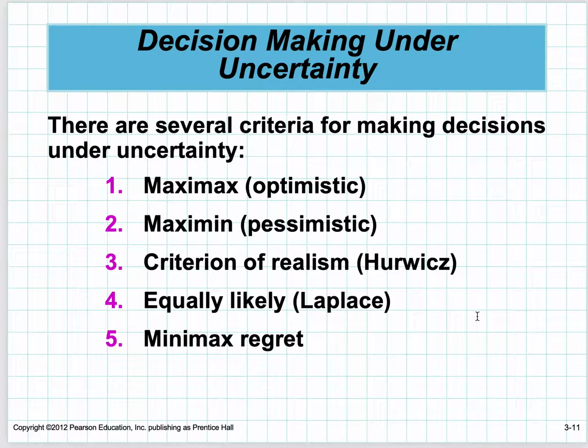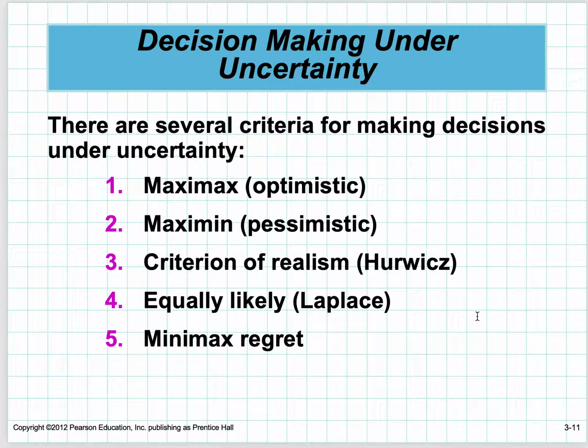So there's several criteria we're going to look at, and the names are a little confusing. Maximax, Maximin. The Maximax is a very optimistic decision. The pessimistic one is Maximin. We have this criterion of realism, which I guess was developed by some guy named Hurwicz. Equally likely is by Laplace.